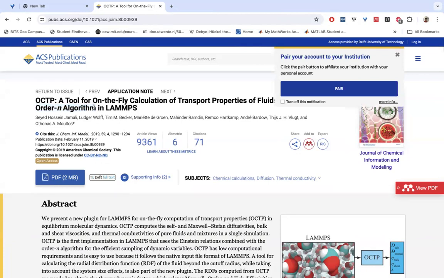The order n algorithm is described in detail in the textbook by Frenkel and Smit, and is thus not discussed here further. For a clearer description of Maxwell-Stefan diffusivities and also Fick diffusivities, kindly also refer to this article.